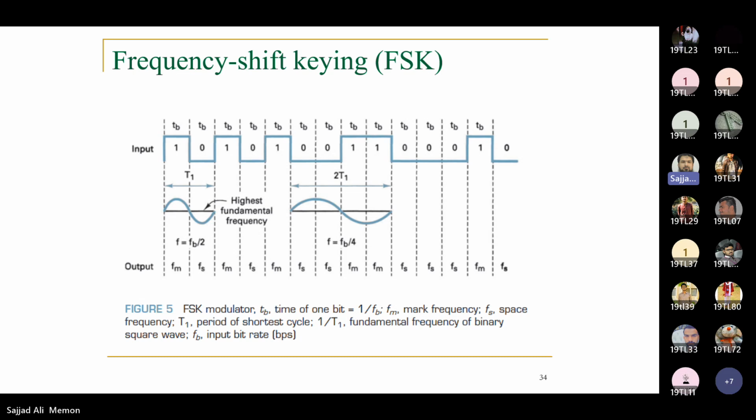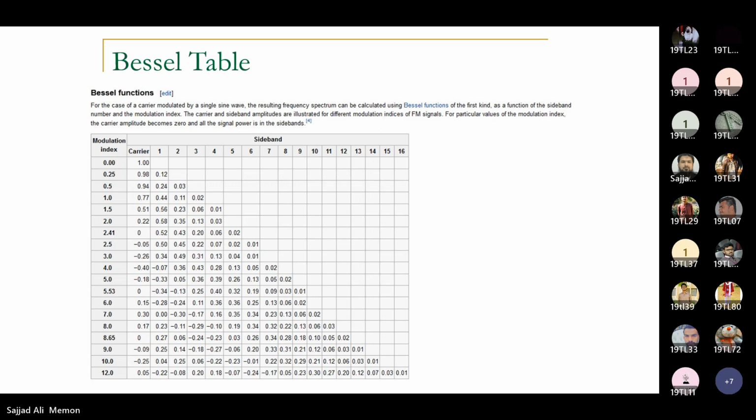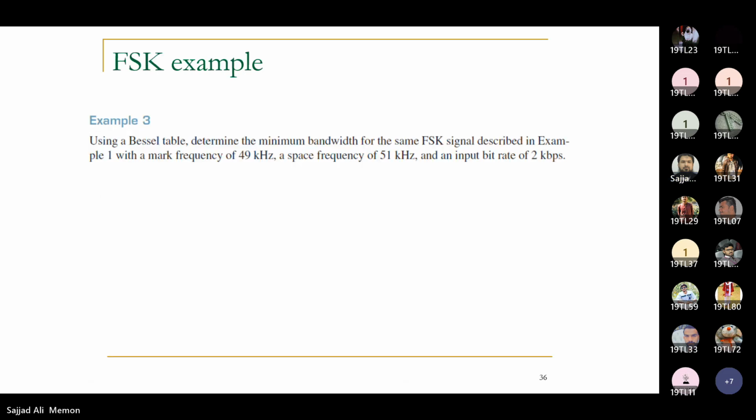And this is a better situation, where we don't have alternating ones, but we have two zeros and two ones. Then the fundamental frequency will reduce to f_b by 4. This is the Bessel table from where you can calculate the number of sidebands based on the modulation index. You might have used the same table in frequency modulation. Another example.